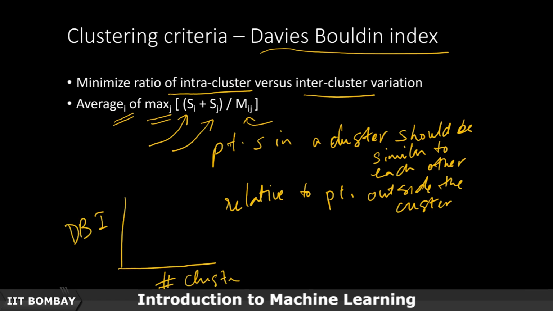And basically let us say if we start with one cluster, we want this to go down somewhere and then go up somewhere. So this will be the ideal number of clusters, but in realistic data this will be somewhat noisy, and it may not always give you a global minimum.